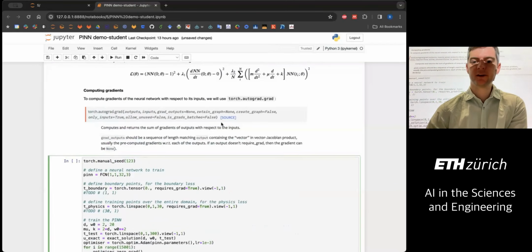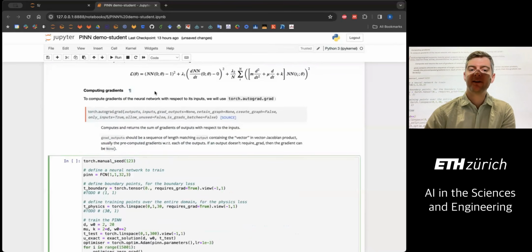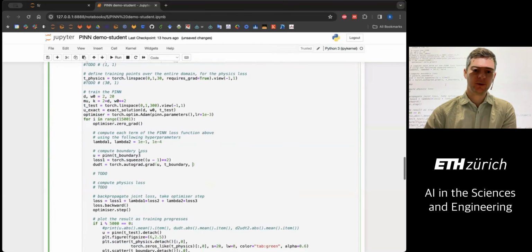An important thing to note, so this is the documentation for torch.autograd.grad. And what it actually does behind the scenes is compute the vector Jacobian product. So in general, U here is a vector function of t. And what this autograd tool does is actually give you a vector times the Jacobian of that vector function.